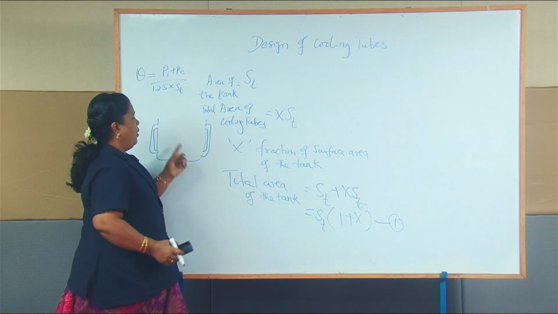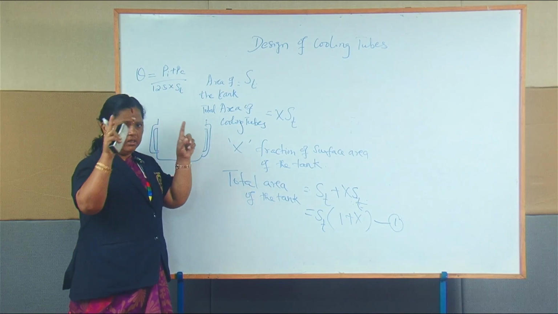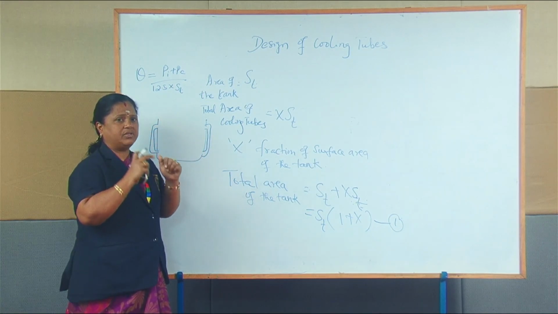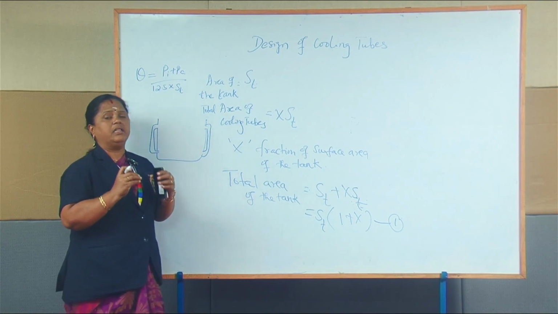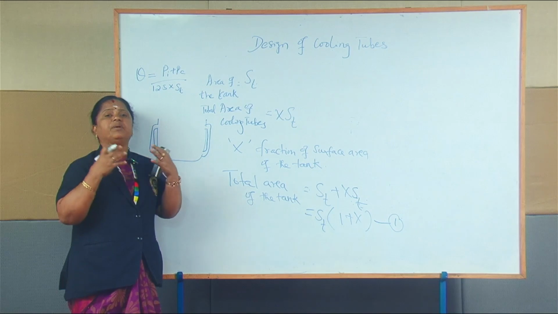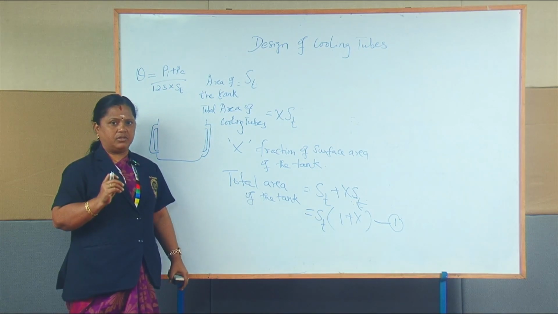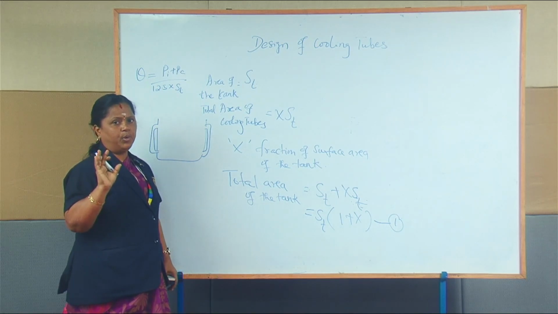Now, by providing cooling tubes, as I told, the heat dissipation by convection is going to increase. Let us assume that the heat dissipation is improved by 35 to 40 percent. Now, let us assume it has been improved by 35 percent.